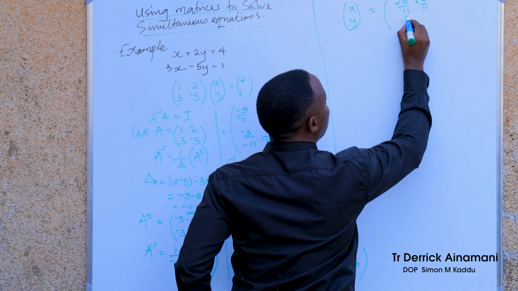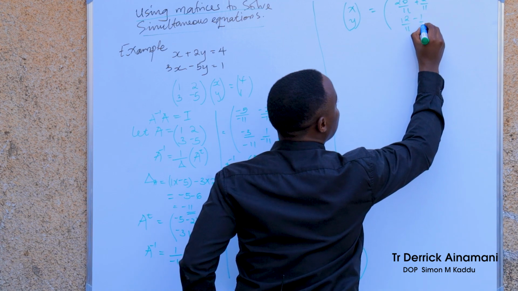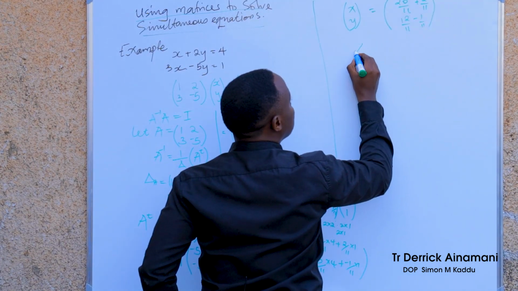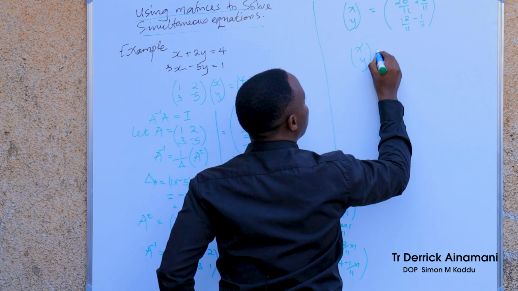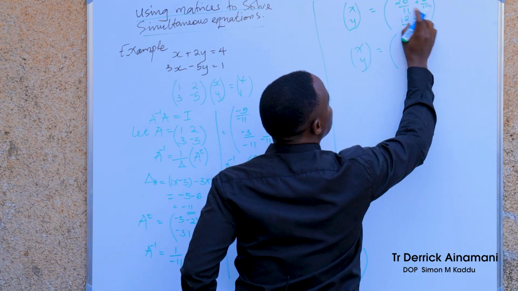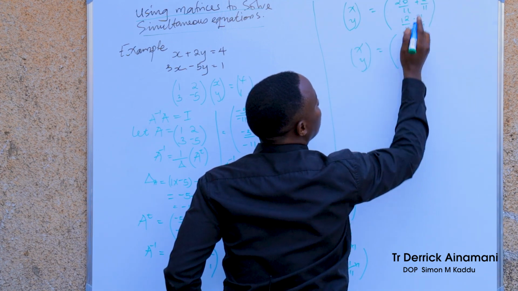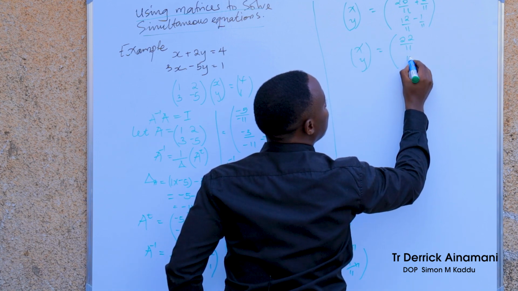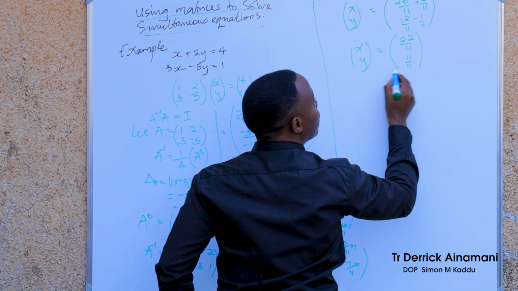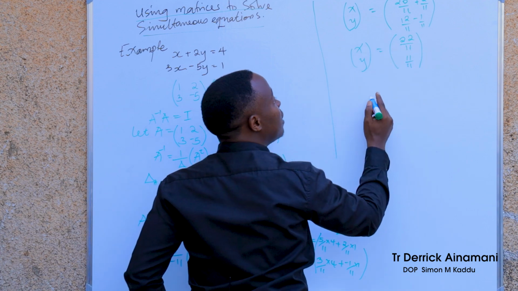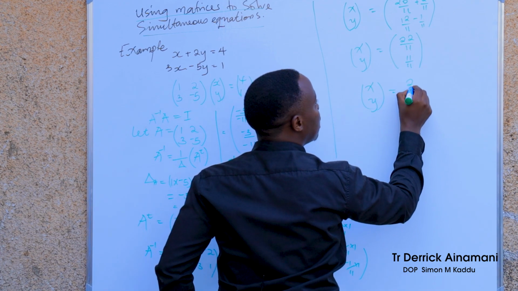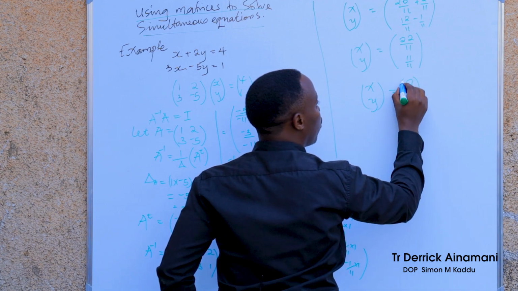Then 12 out of 11 minus 1 out of 11. So x and y will be equal to, they have the same denominator as you add the numerators, 22 over 11 and then 11 over 11. When you simplify this, 22 divided by 11, you remain with 2, and 11 over 11 remains with 1.